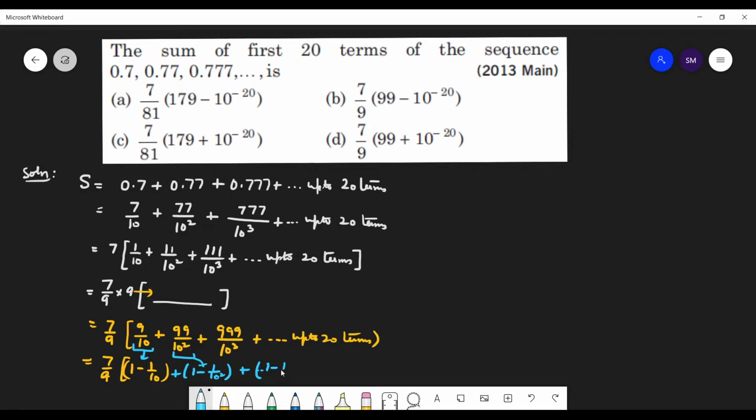So 1 plus 1. Sir, can we also write this in terms of points? Yes, beta, see there are other ways also to do this, but this is one of the simpler ways. Okay, sir.